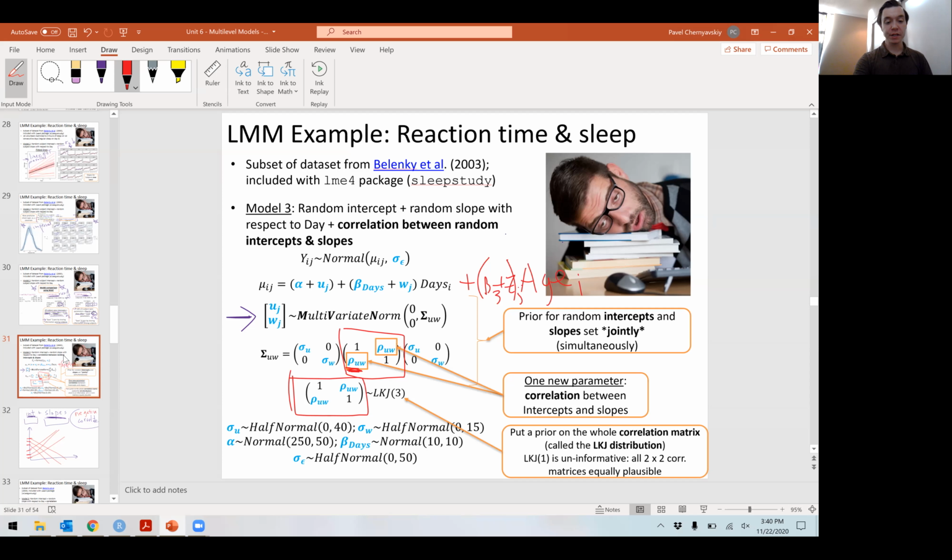and then this correlation matrix is going to be 3 by 3 if we introduce another covariate, if we introduce another slope. So don't be complacent. Although we have just one additional parameter, and this is new, we put a distribution on the entire correlation matrix.